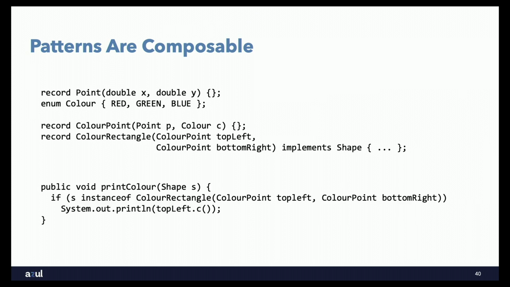So now we could have the idea of a method which takes a Shape as a parameter, and because it's an interface, we can have different things that implement it. And we say if s instanceof ColorRectangle, and because that's a record, we can then specify the values that we've got. So ColoredPoint topLeft, ColoredPoint bottomRight. And if we want to print out the color of the top left point, then we simply do println of topLeft.c.